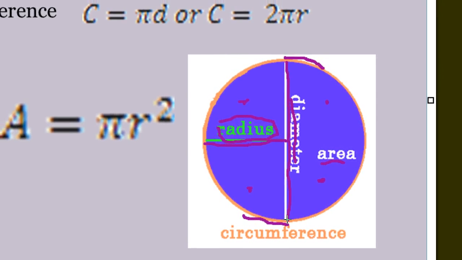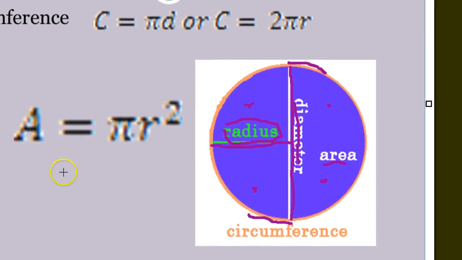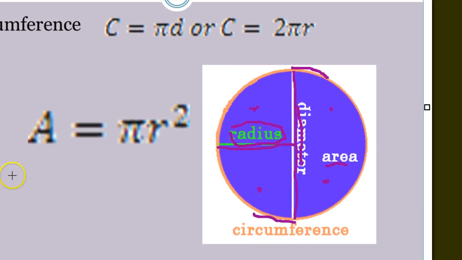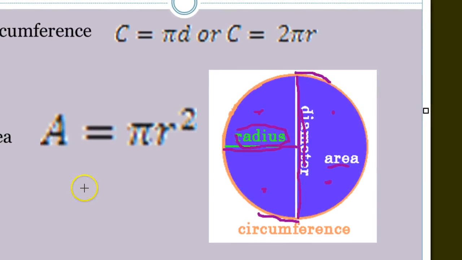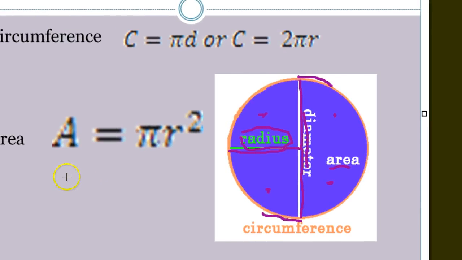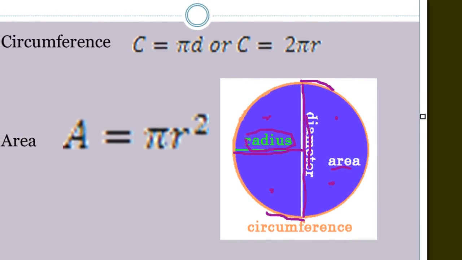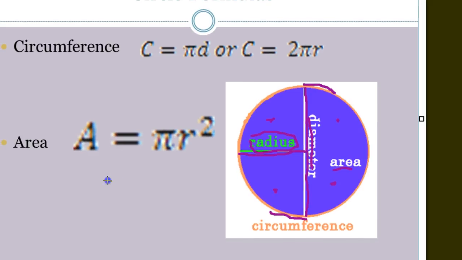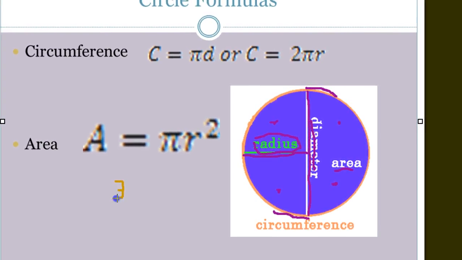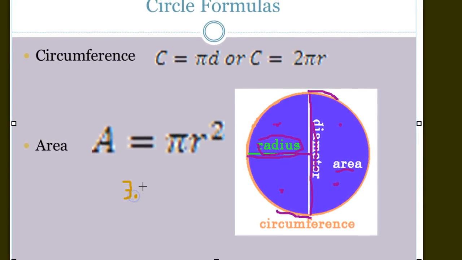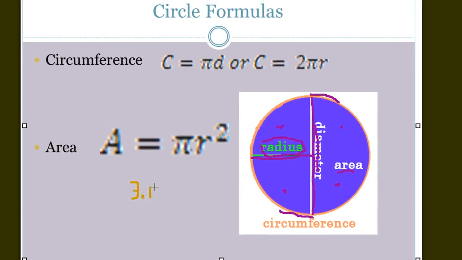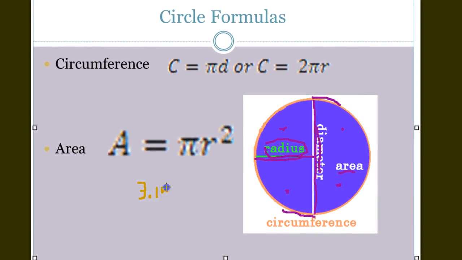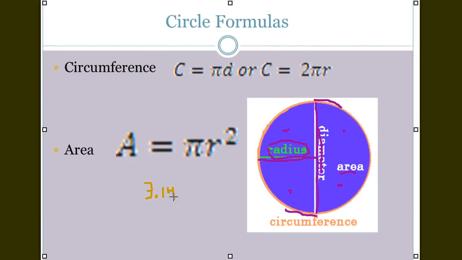I might as well write that down now. For the area of a circle, we often use a rounded form of pi, 3.14. Now that isn't exactly what pi is. That's often where we round pi off to the hundredths place.